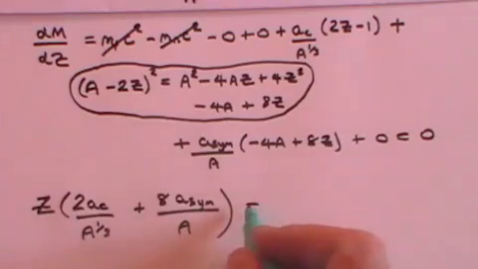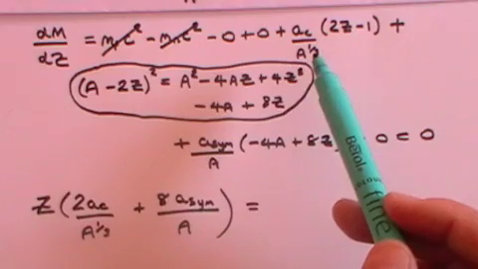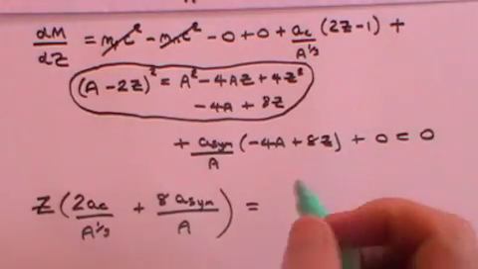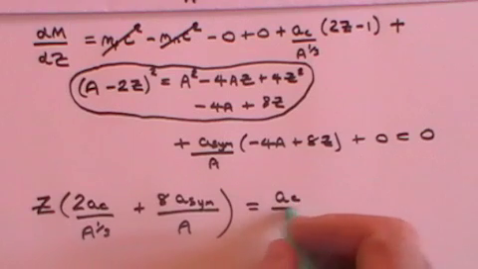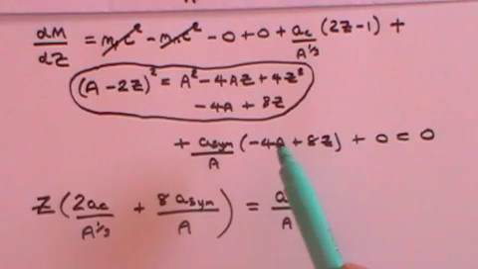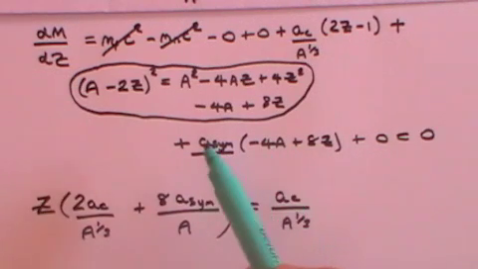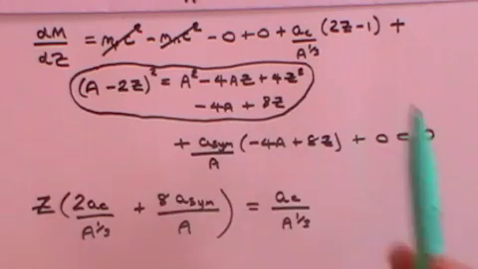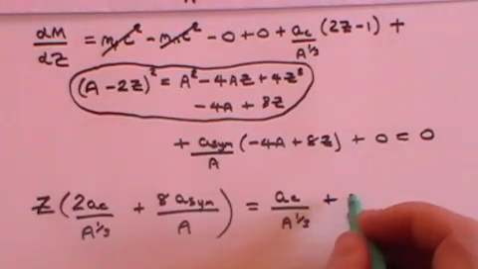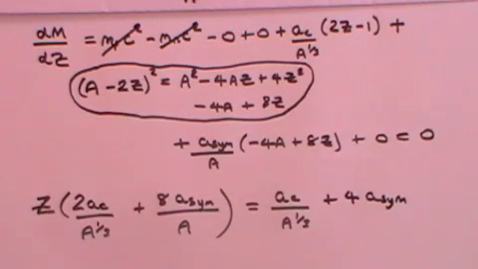On the other side, I'm going to have, well, minus ac over A to 1/3, but put it over the other side becomes plus ac over A to the 1/3. And then down here I've got a minus 4A asim over A, so the A's are going to cancel. I've got a minus 4 asim, take it over the other side, it becomes a plus 4 asim.